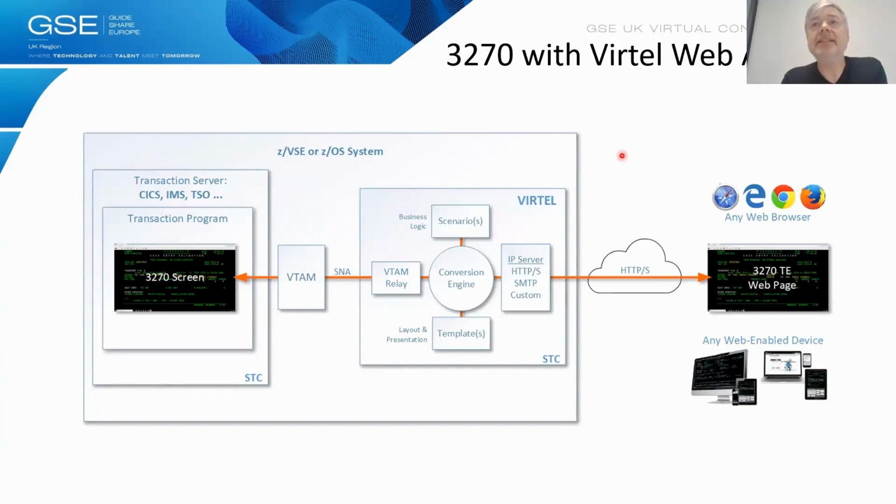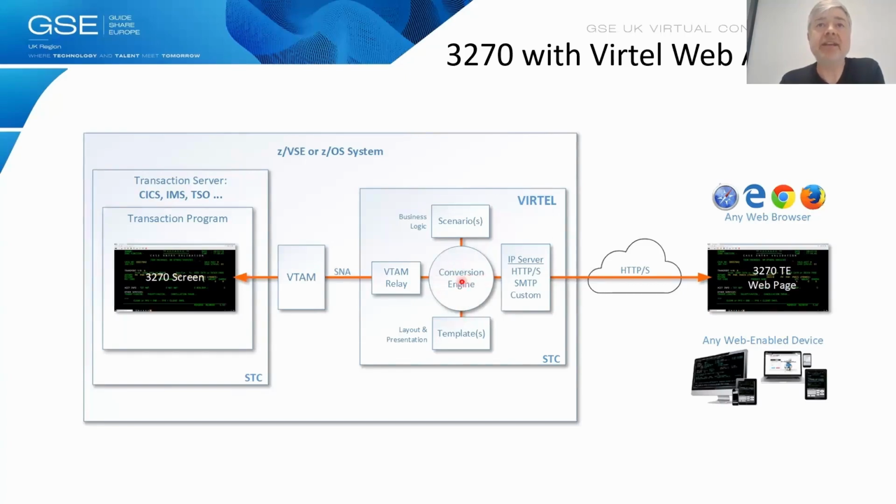Now, in more detail, and this is important because it's going to introduce how VSR works for front-ending these 3270 applications. So the web browser connects in HTTPS to the web server, which is a component of the Virtel started task. In the middle here, we have the historical conversion engine of Virtel, which has been around for more than 30 years.